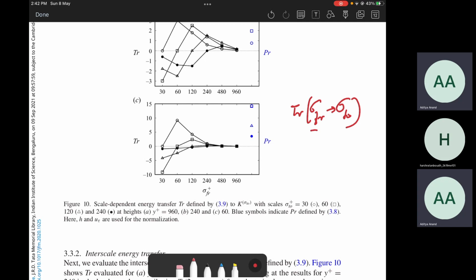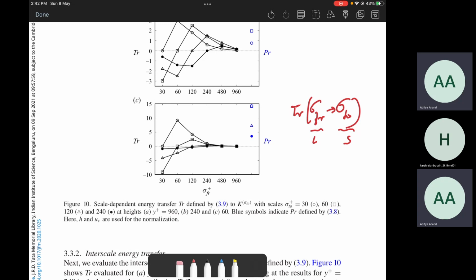So this is basically the large scale, and this is the small scale. Let's look at figure 1, figure A. Figure A is at 960. That's the wall normal location.